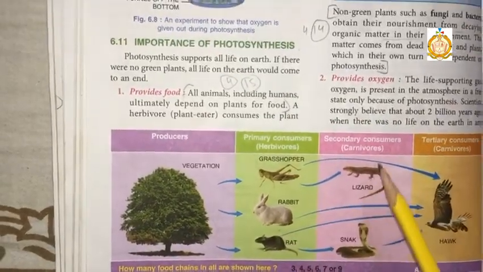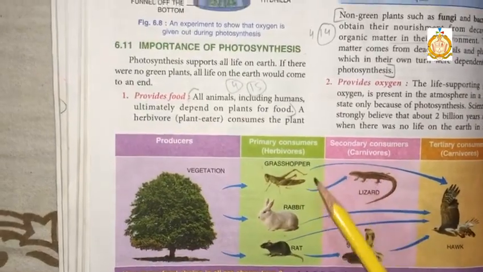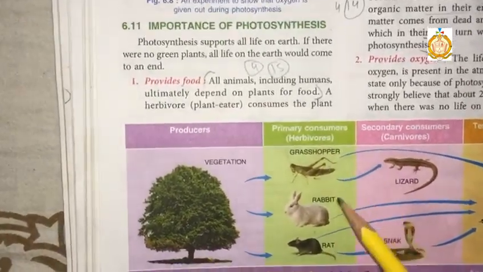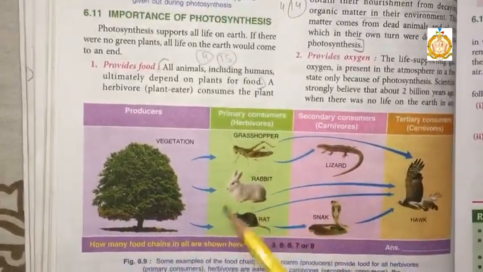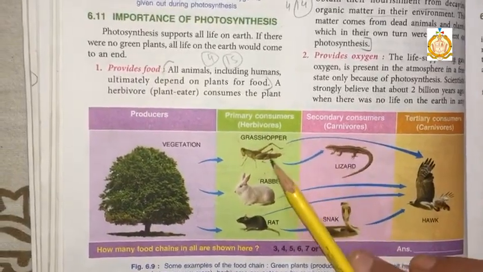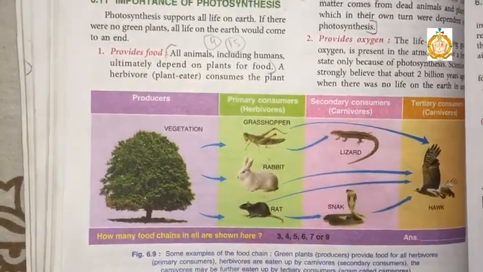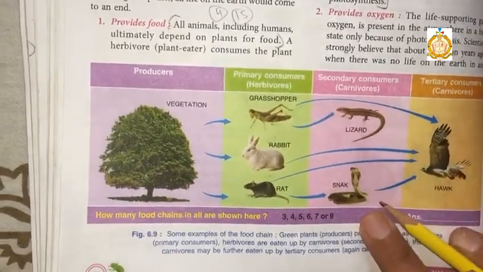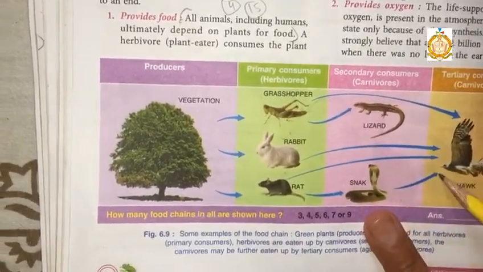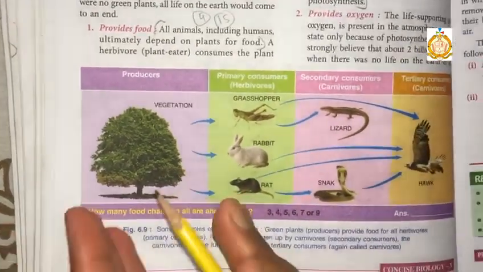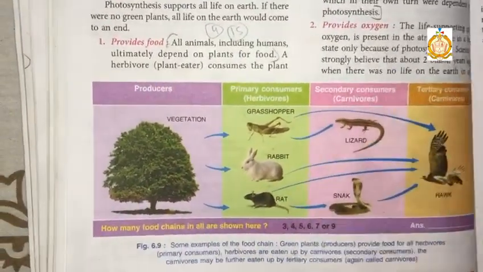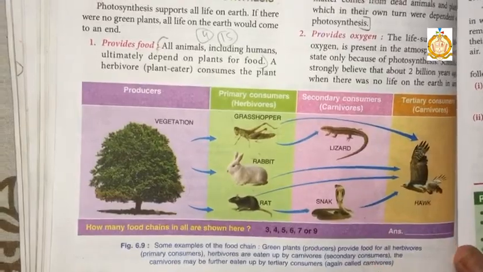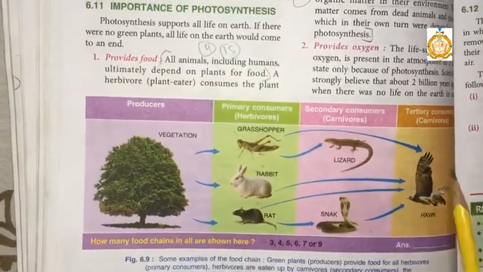Afterward, the carnivores eat those animals and insects as their food. And at the last, the tertiary consumers, such as the hawk, take those organisms as their food. In that way they are interdependent on each other, and the plants provide food to all the organisms directly and indirectly.